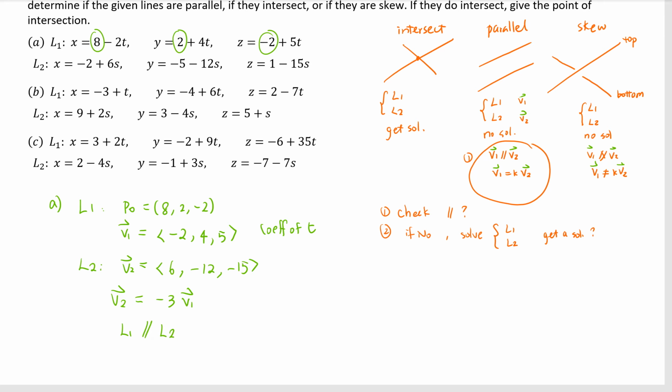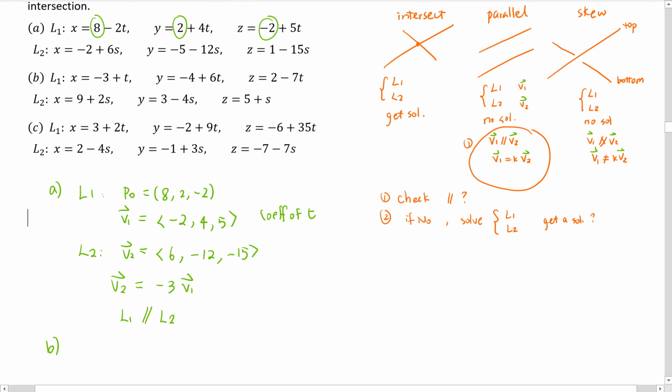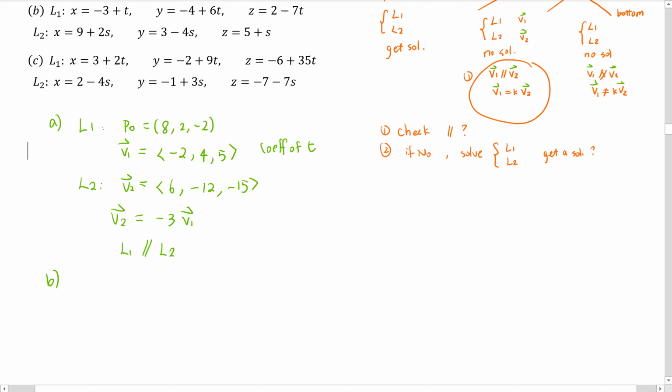Okay, so that's A. Now let's look at B. What is V1? V1, the coefficient of t, is 1, 6, minus 7. And how about V2?